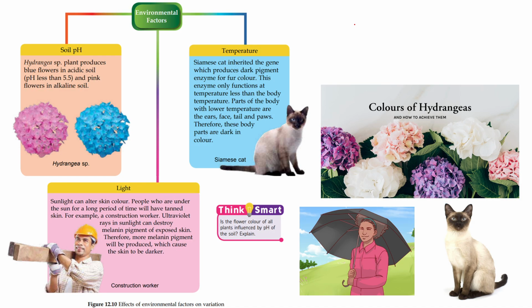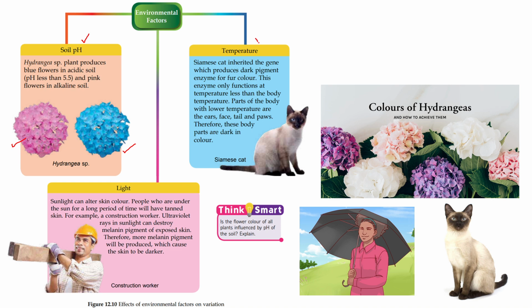But do you know that the soil pH is the one that is going to influence what color of flower this hydrangea species will produce? The hydrangea plant produces blue flowers in an acidic soil, with pH less than 5.5, and this plant is going to produce pink flowers when it is planted in alkaline soil. So see how this makes a difference.